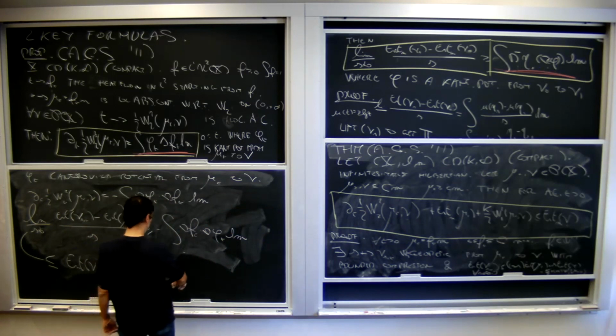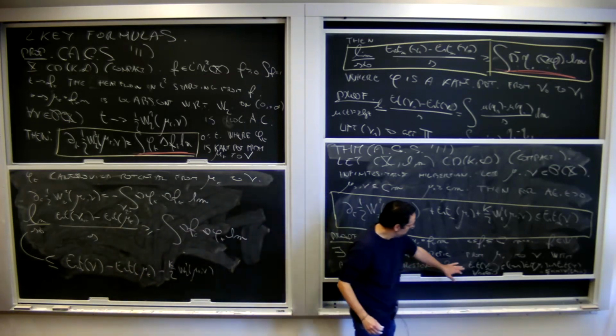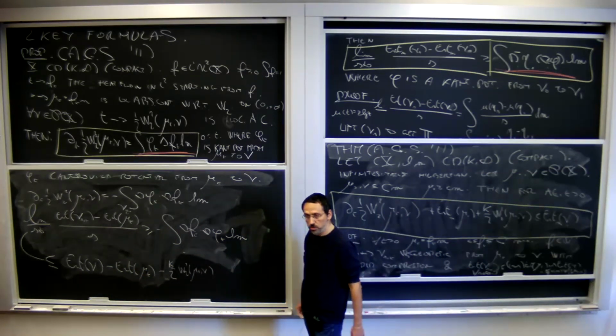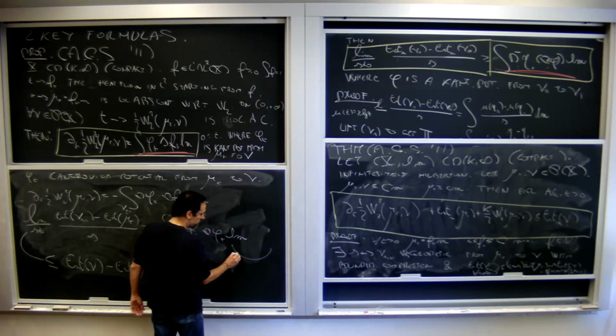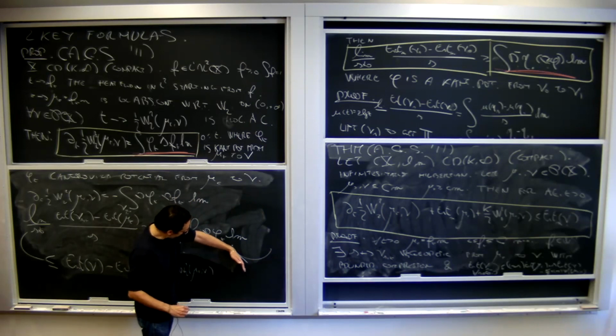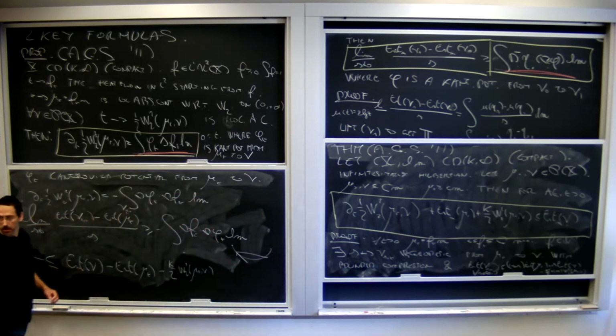K over 2 times distance squared. It's a direct consequence of the convexity inequality. If k is equal to 0, what I'm saying is that if I have a convex function and I compute the right derivative at any point, this is bounded from above by the difference quotient at a later time.